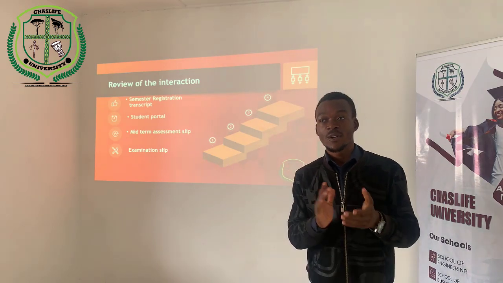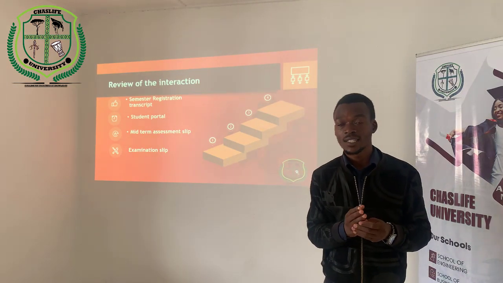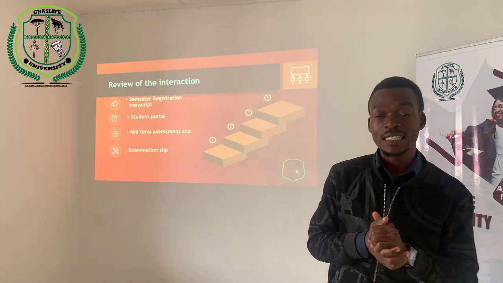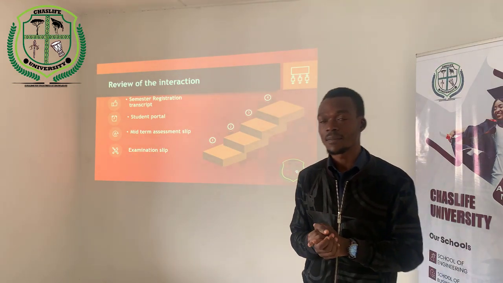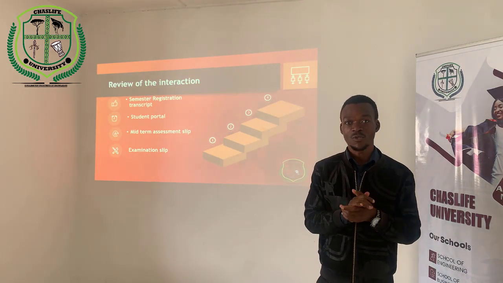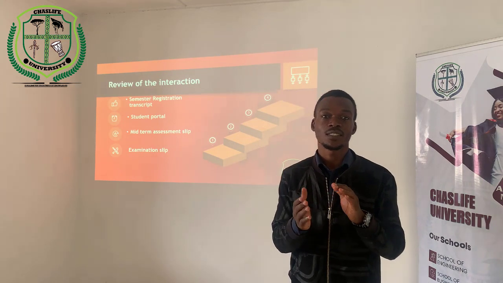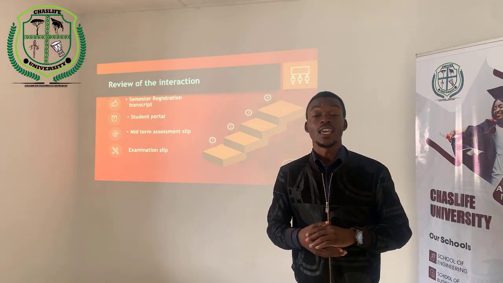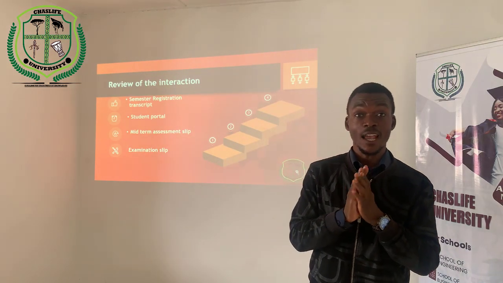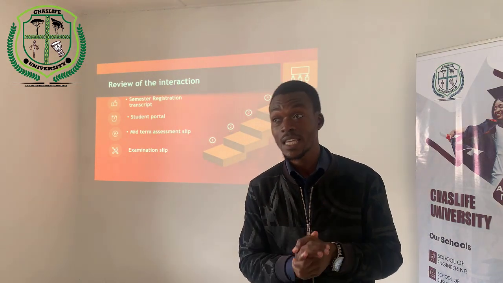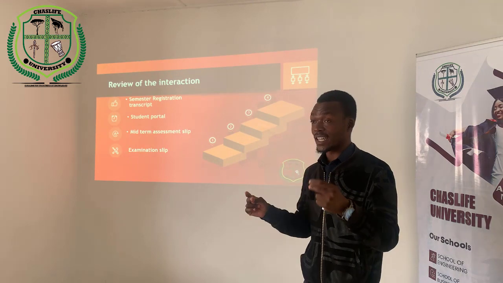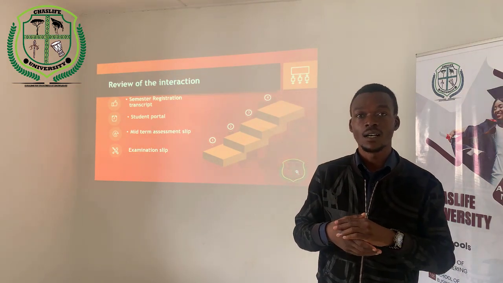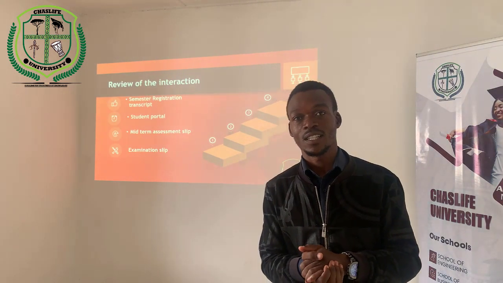So, as a requirement for a person to actually sit for an exam at this institution, for the overall assessment, which is called the end of semester exam, they are supposed to have a continuous assessment, or the CA, which is not less than 15/40.